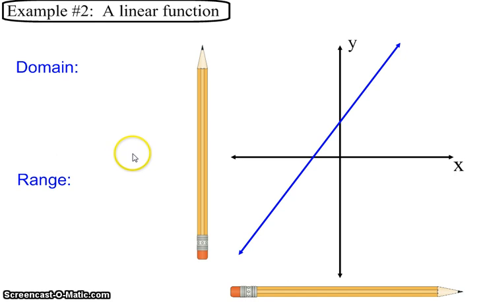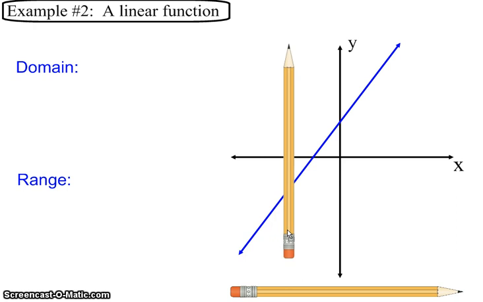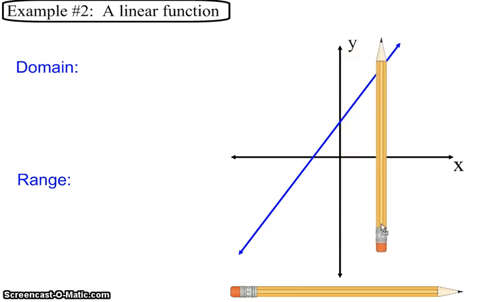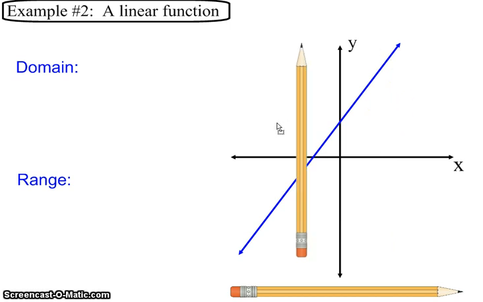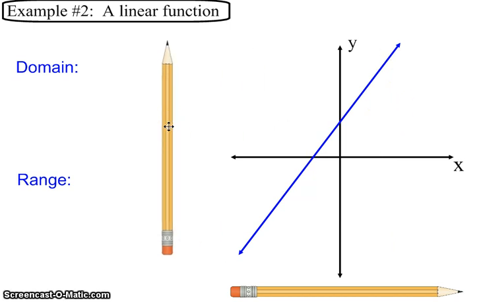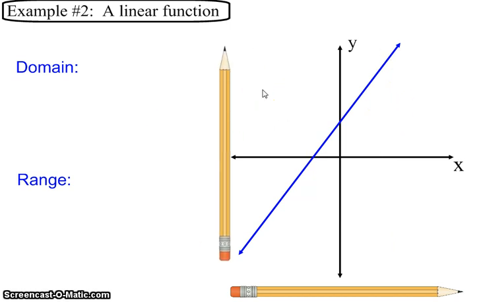It would hit all x values going towards -infinity. And if I kept going to the right with my pencil, I would keep going towards positive infinity because although this is pointing up, it is pointing to the right infinitely. So one way we could say the domain is to say that it goes from -infinity to positive infinity.